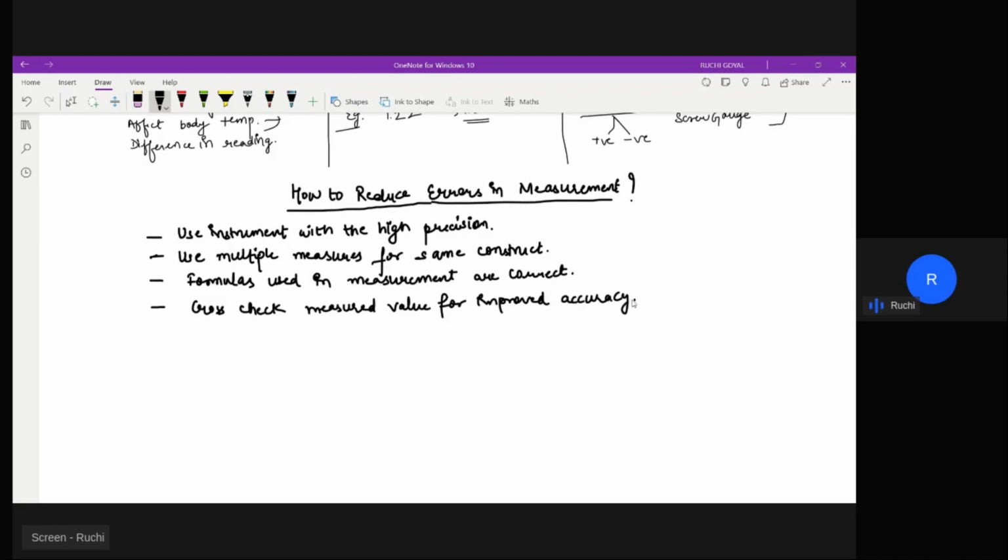So whatever value we are measuring, you can check that. You can also test the instruments for better accuracy, so that we can get a more accurate value.